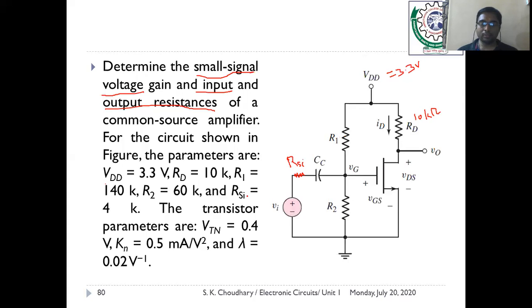It is 4K, a very small value. Then the transistor parameters: the threshold voltage is 0.4 volt, Kn is 0.5 milliampere per volt square, and lambda, the channel length modulation factor, is equal to 0.02 volt per volt. Just note down the problem and solve it. I have given you 2 minutes for this.